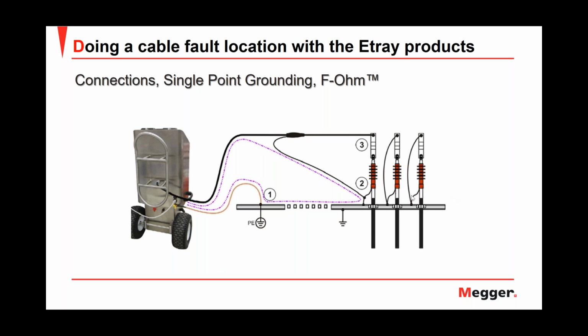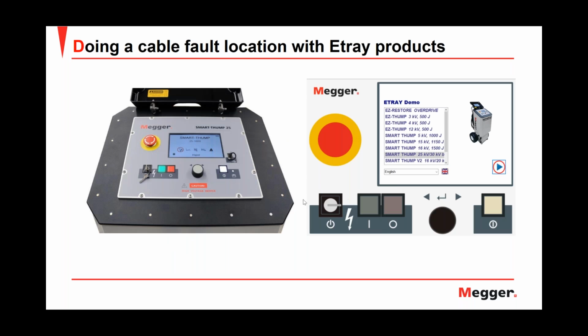And if you see in this slide, on the right, I have the software simulator that I will use. You can see that we replicate in the software exactly what I have in the control panel of the E-Tray products.